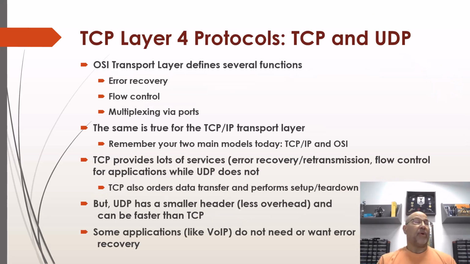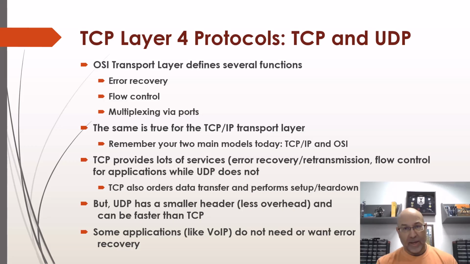Okay, so first up, TCP has really two protocols. So we call it the TCP/IP model, but you could easily call it the UDP/IP model as well. So TCP and UDP both operate at layer 4. And while we're at it, a lot of folks start talking about the OSI model, right? And so the OSI model is a 7-layer model. The TCP/IP model is a 5-layer model. But OSI is what we call the reference model.